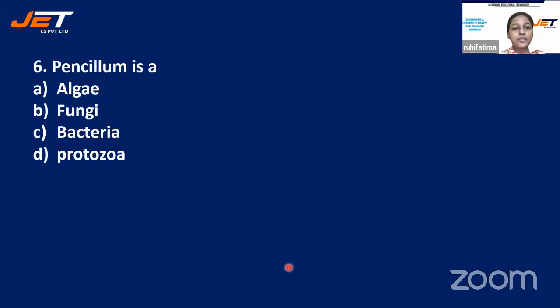Penicillium is a dash. And your options are algae, fungi, bacteria, or protozoa. Come on, students. 30 seconds. Quickly answer this question.